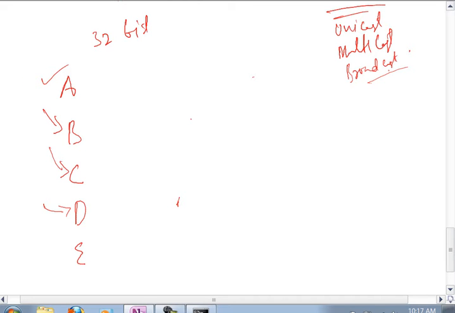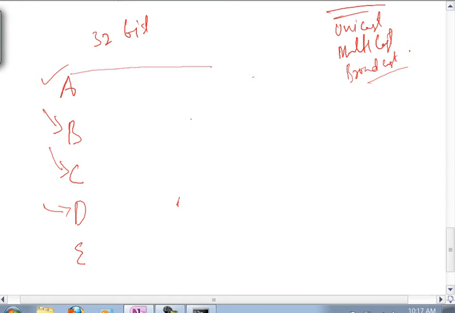Out of you, my packet will go only to the particular group, not to all, and not to a single person. It is not point to point, but it goes to a particular group. Broadcast means it goes to everybody on the network. And unicast means definitely point to point.